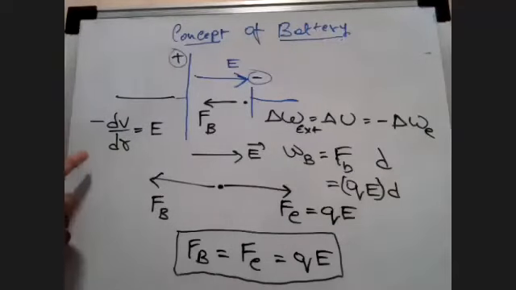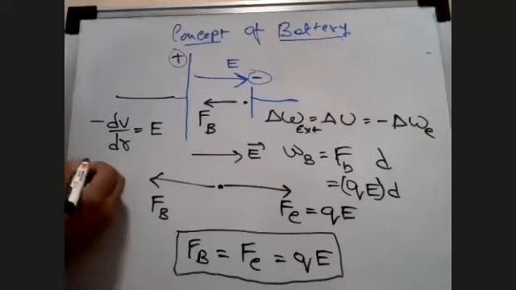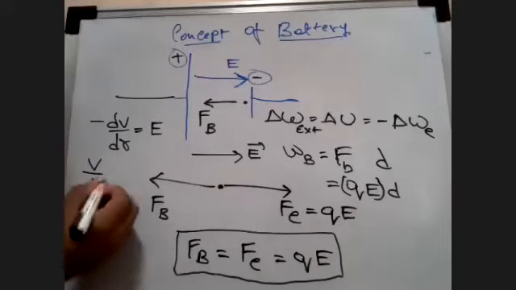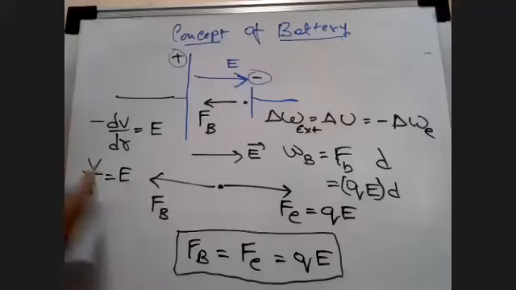So if I remove the derivative, what can I get? I'll get V upon some distance D will be equal to E. Of course, I am taking it to be positive because opposite the electric field, the potential is going to be positive.